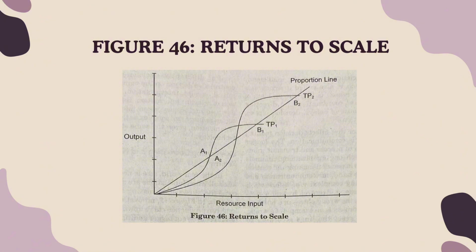Full use of plant capacity, for example, results in the same output-input ratio at point B2 as at B1, following the proportion line. The same is true at the threshold of diminishing returns at points E1 and E2. Average product, or AP, and therefore overall resource efficiency, remain the same despite plant expansion. R has a value of 1 with proportional increases in plant size and capacity.